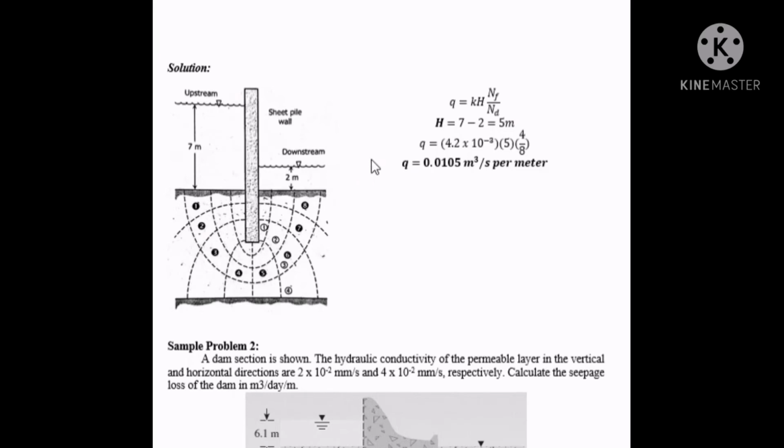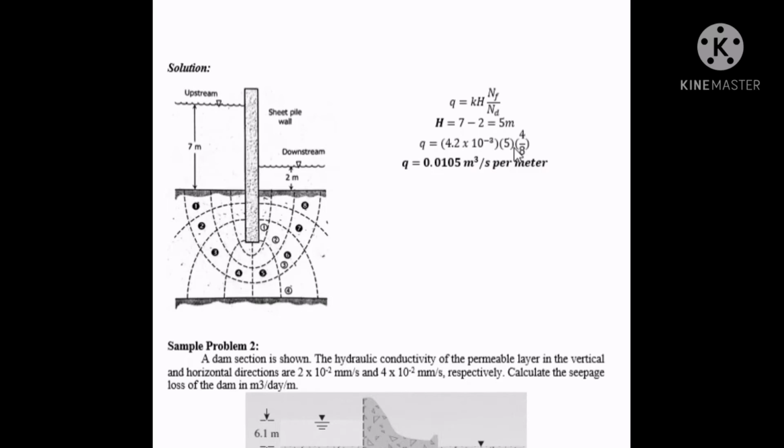we have to determine H, and H is the difference between the upstream level and the downstream level. If we compute it, it is the difference between 7 and 2. So H, or the head difference, is equal to 5 meters. K is given, that is 4.2 times 10 raised to negative 3, times 5.